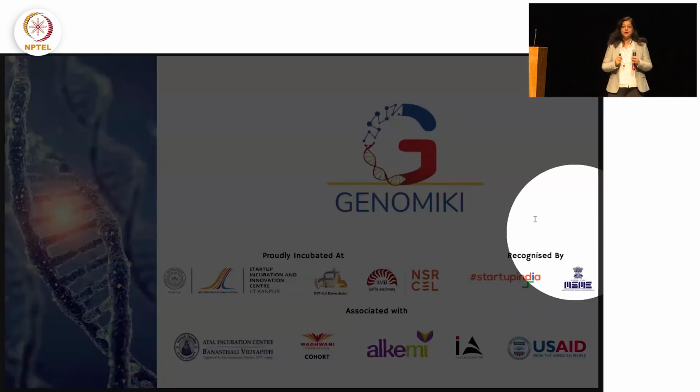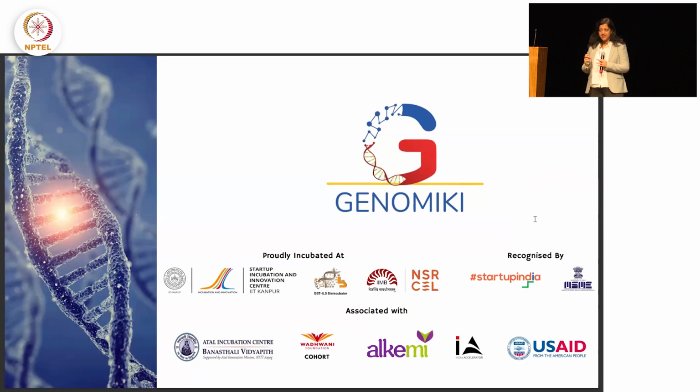But when I say mutations, you should also understand that the genome that we have in the cell has 3 billion base pairs. A change in one single base pair of those 3 billion letters of the DNA can cause a very severe disease such as cancer.